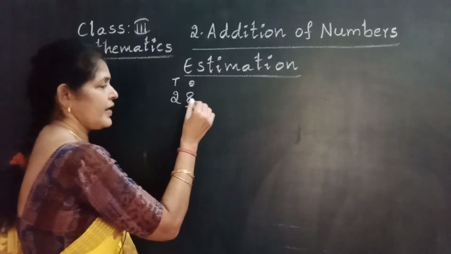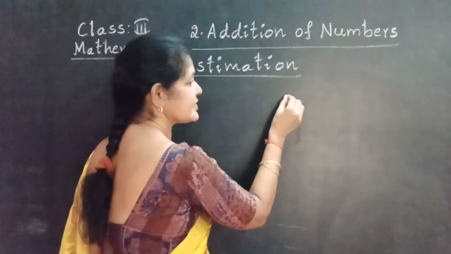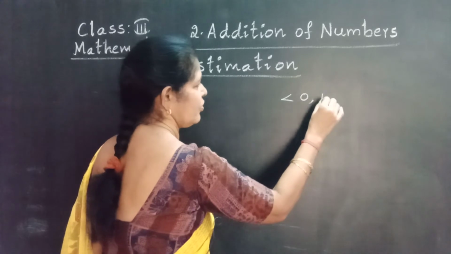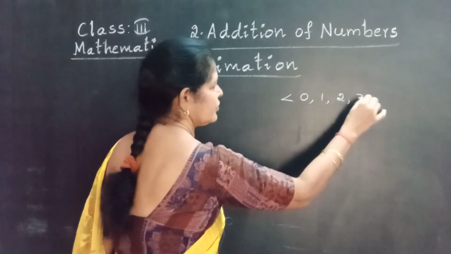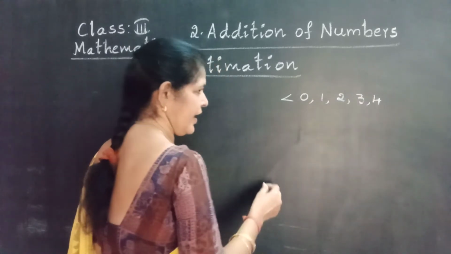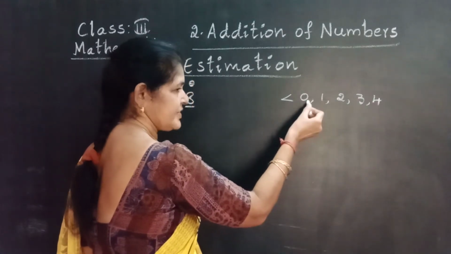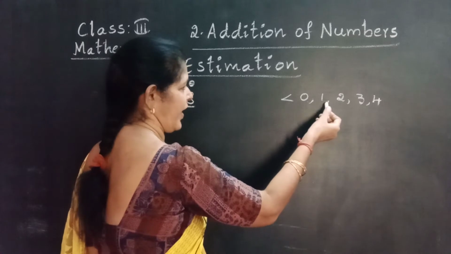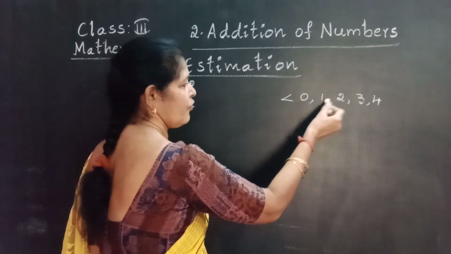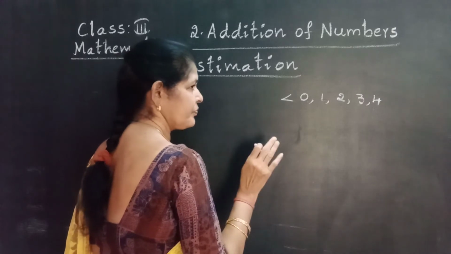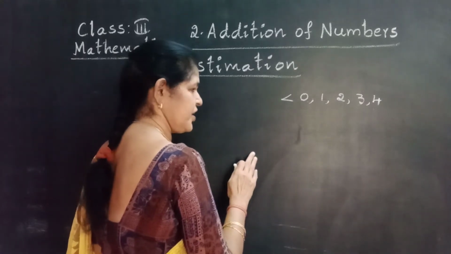If the ones place number is less than 5, less than 5 means 0, 1, 2, 3, 4, the number does not change.